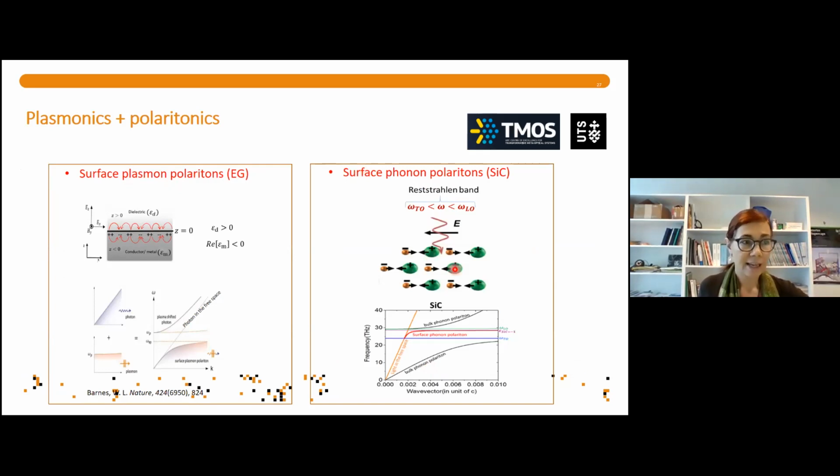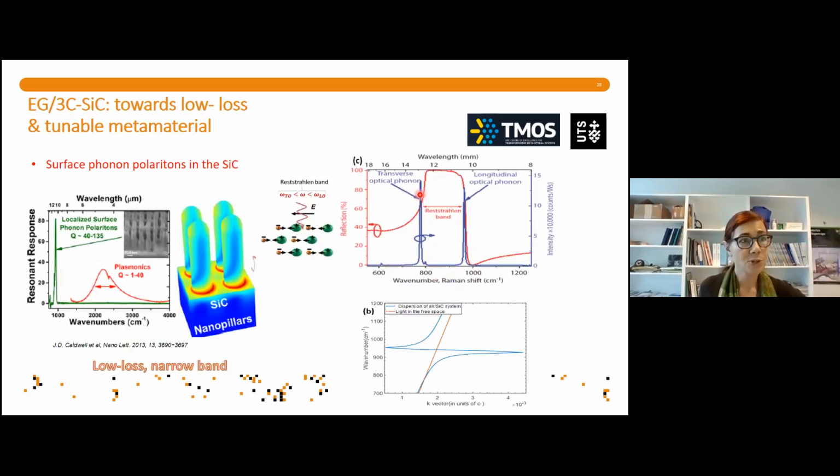Silicon carbide is a polar material, so it has a surface phonon response in what we call the Reststrahlen band, which is the band between the TO and LO peaks of the silicon carbide. It's about this region here, 800 to roughly 1,000 wave numbers. In this region, the material behaves as a metal instead of a dielectric.